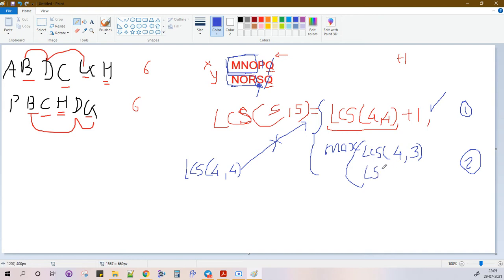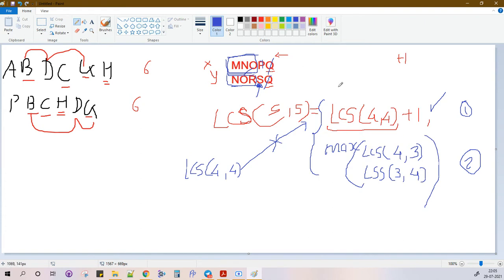So I will solve LCS of 3 elements of the first array and 4 elements of the second array. And in case we find, let's say we are solving MNO and NOR, then this O and this O will match, so we will increase the count by 1.